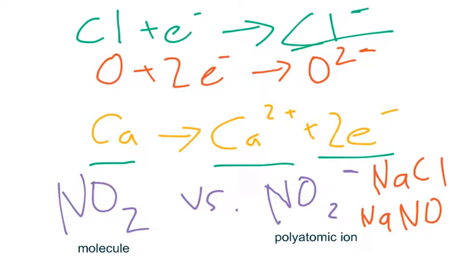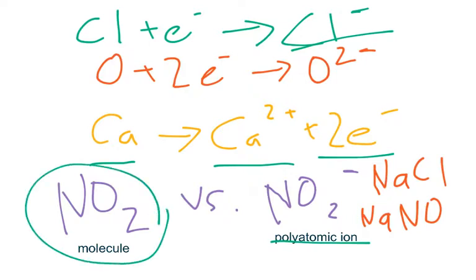So now let's talk about a special type of ion. It's called a polyatomic ion. It is when a molecule has an excess of protons, aka a positive charge, or an excess of electrons, aka a negative charge. So in other words, it is a molecule or a compound that has a charge. For example, NO2 is a molecule because it is neutrally charged, and it has equal numbers of protons and electrons in it.